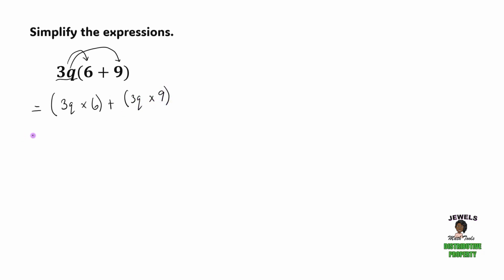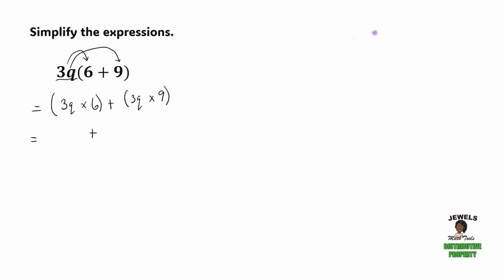And as always, of course, we are going to work through simplifying our expressions within our parentheses first. And then if any simplifying can happen afterwards, it will be done after we've worked out our brackets.